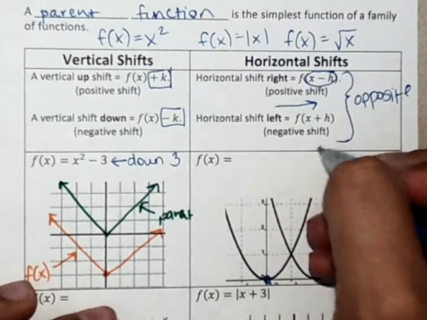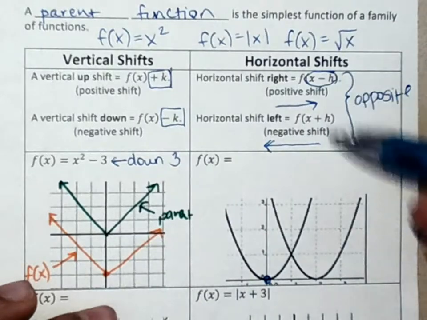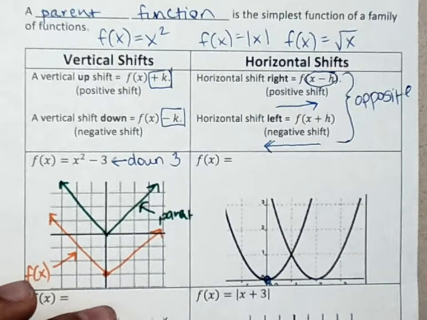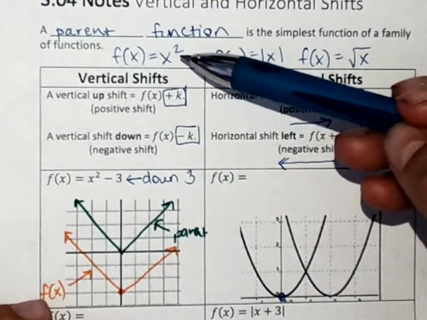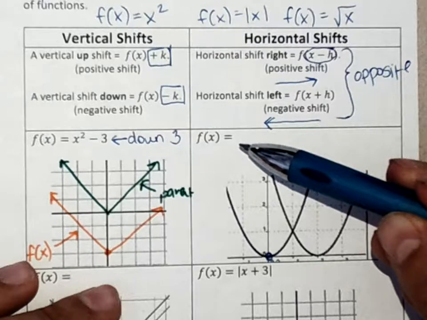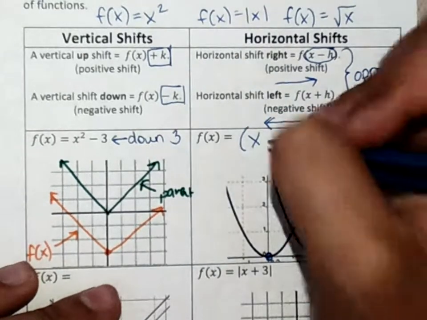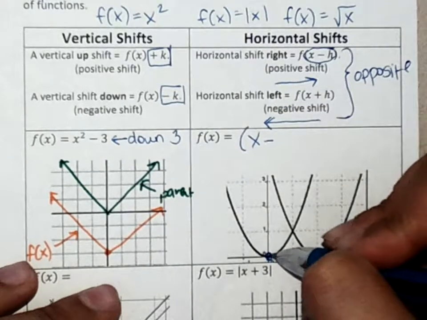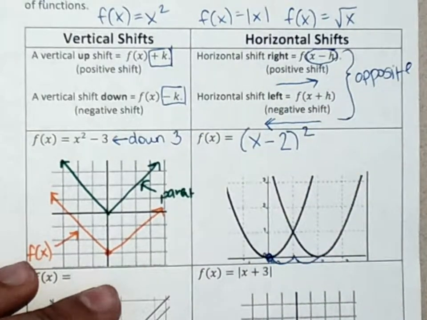And if we have a positive value, we're making a negative shift. So this is the only part where it gets confusing. So because I know that the parent function of a parabola is just x squared, my new function is going to be x minus, and we see that it moves over 2 to the right, quantity squared.